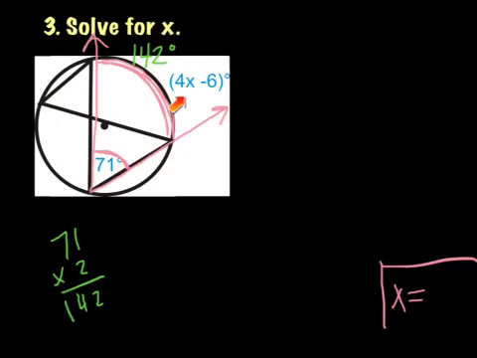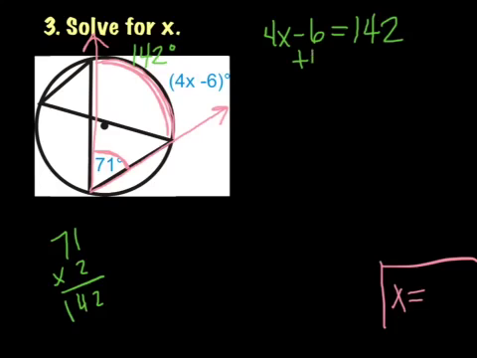So we know that this degree has to be the same as 142. So we're actually going to set up an equation. 4x minus 6 we know has to equal 142 degrees.